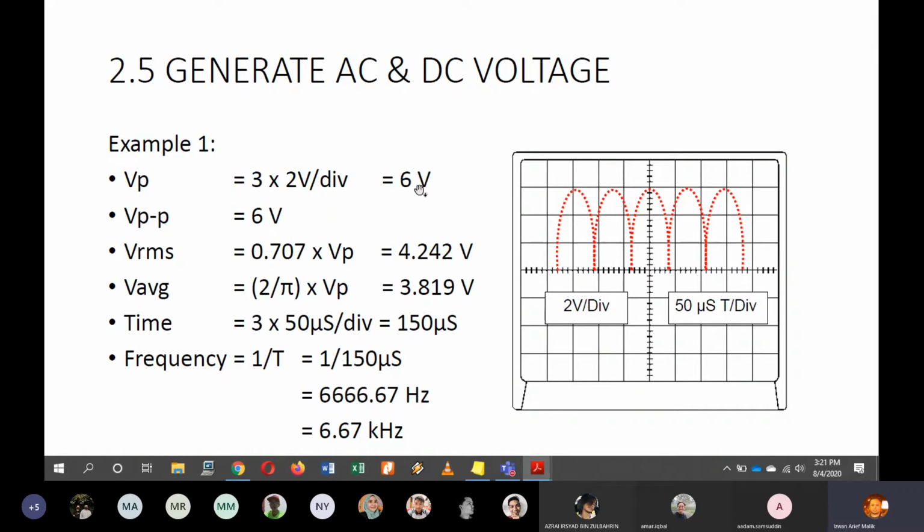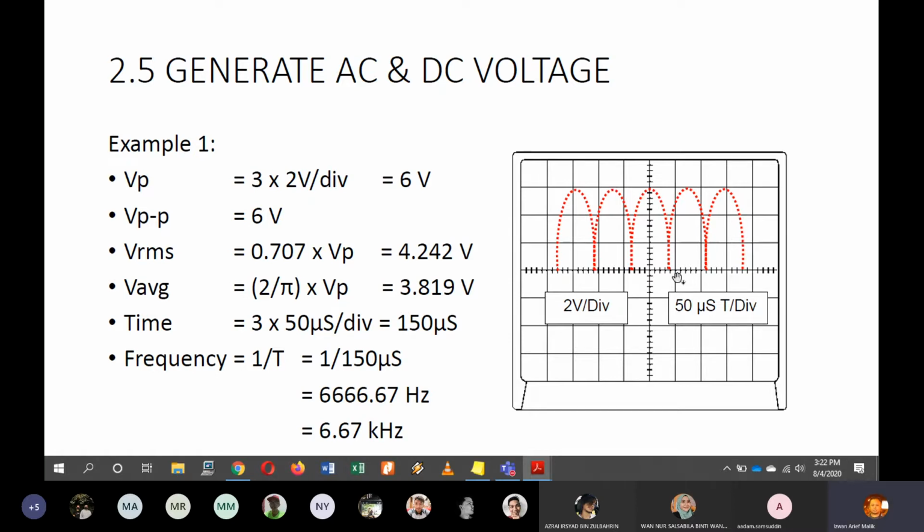Alright, and then the V peak to peak. I've obtained the value here as 6 volt. The reason why the V peak to peak is not added up like the previous example is because if you look at this waveform as well, it is only available on the positive side.